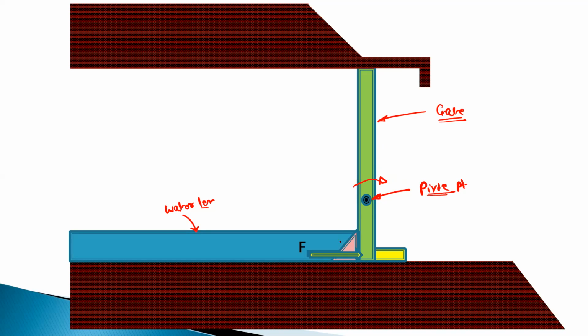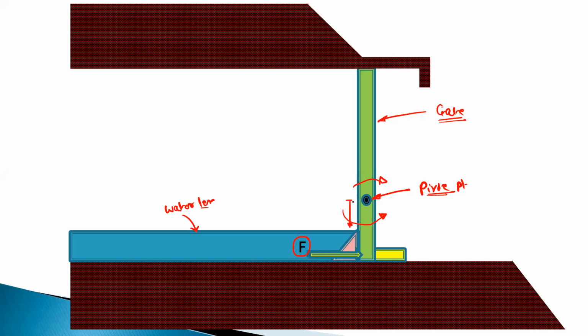So as this water level is below this hinge point or the pivot point, there will not be any rotation of this gate, because the equivalent force because of this water level is acting below this pivot point. So it will create the moment in this direction. Okay.